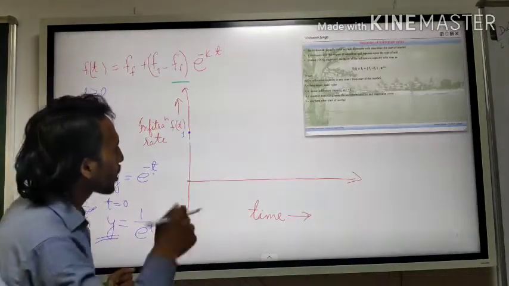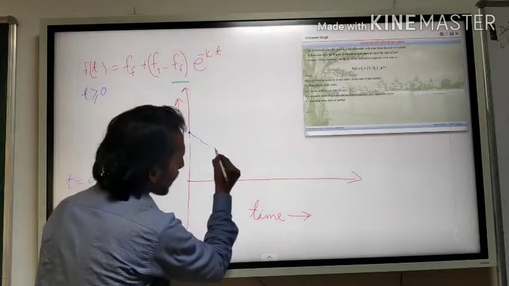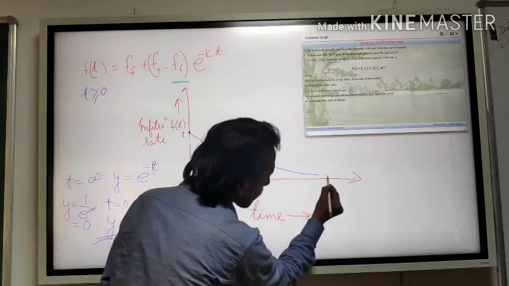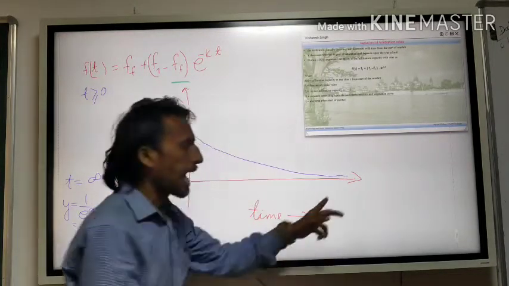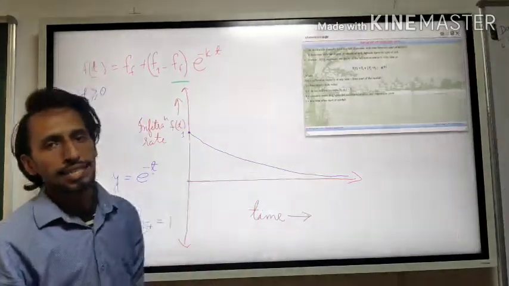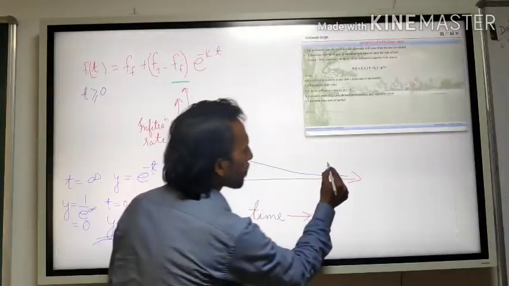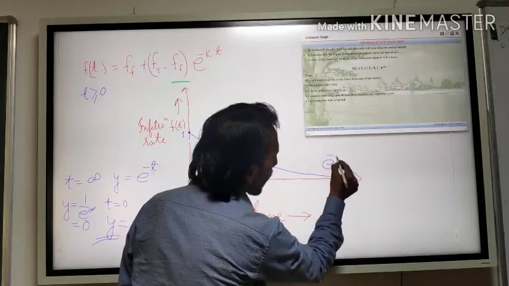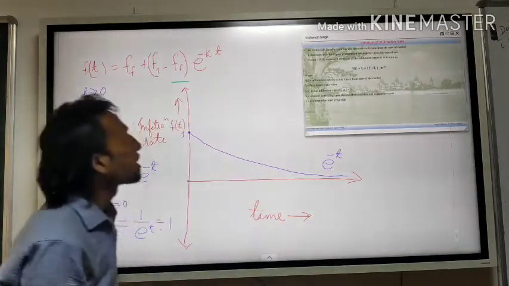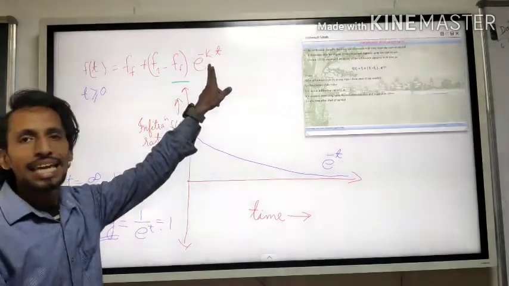So it should closely go like this. It is asymptotic to the x-axis. So this is the curve for e to the power minus t, but you want minus kt.